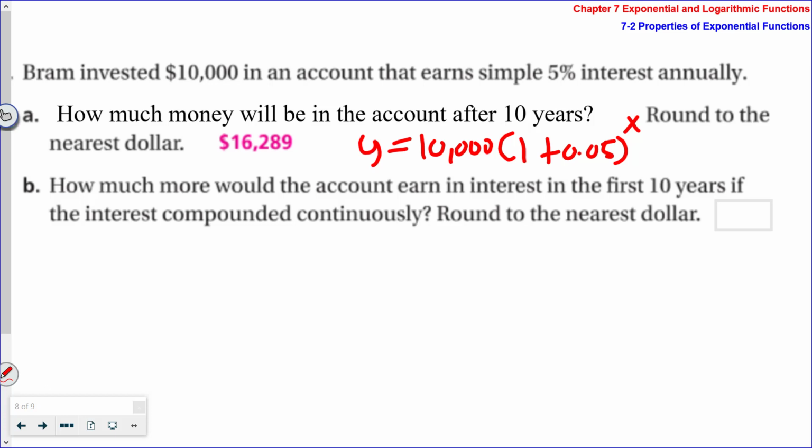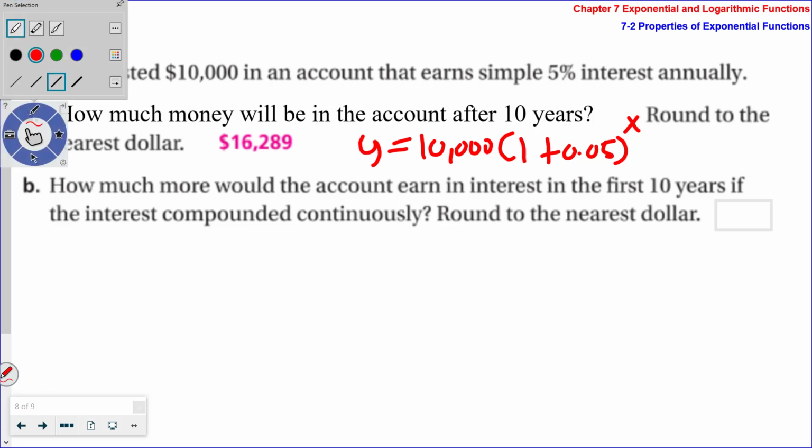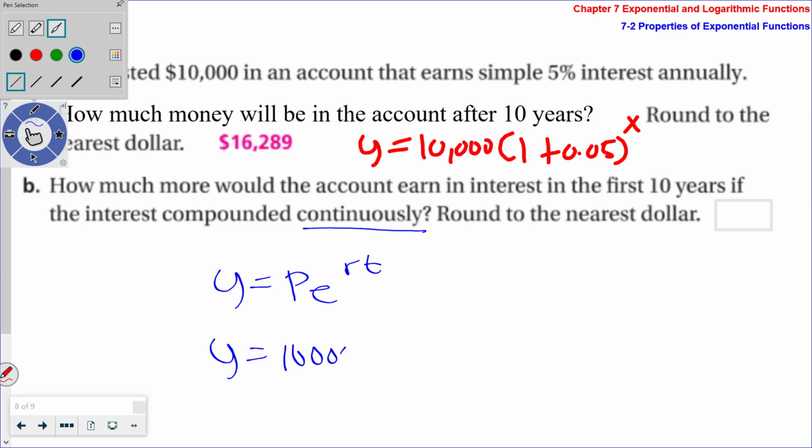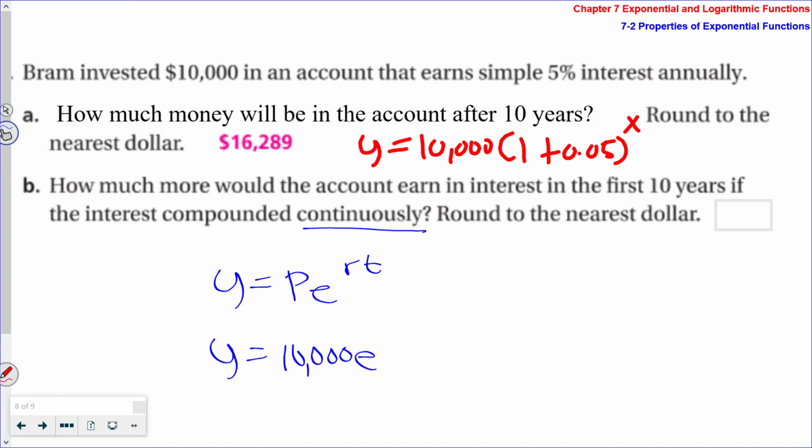Okay, and then I got y equals 10,000 e^(0.05 times 10). So continuously tells us y equals P e raised to the RT, and then you got y equals 10,000 e^(0.05(10)). All right. So you just did it algebraically, and what did you get?